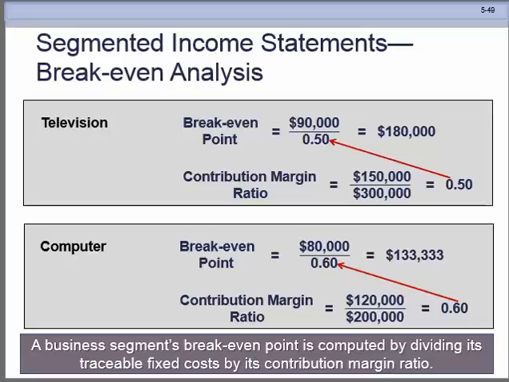Now we can play with the numbers a little bit further and say, what's the contribution margin ratio per segment? And what's the break-even point per segment? Using the same approach. Get your CM ratio and then divide the traceable fixed cost by the CM ratio.